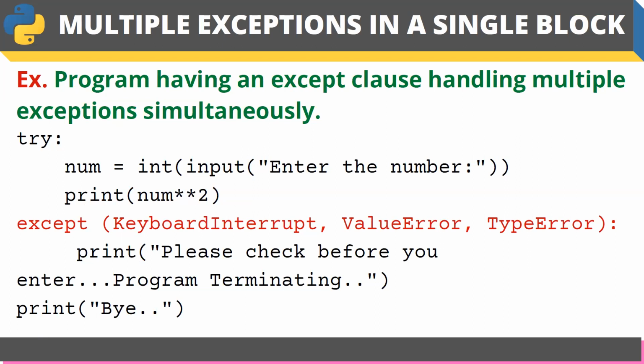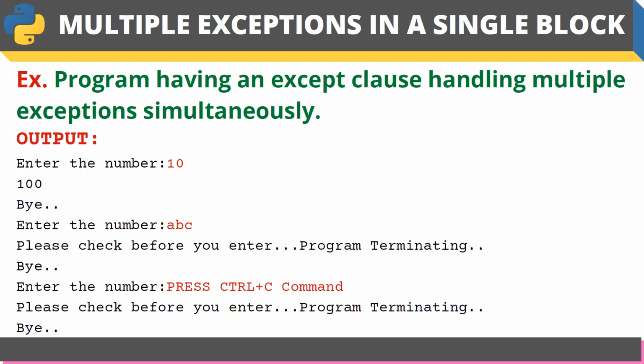Now in except we are writing three exceptions here itself: keyboard interrupt, value error, type error, and we are going to print please check before you enter, program terminating, and print bye. Suppose we give input number 10 and it is correct. Then it will execute only the try block and the last print statement. It never executes the except block unless there is an exception.